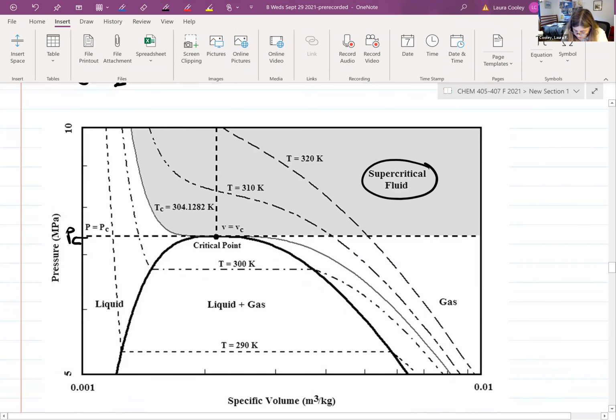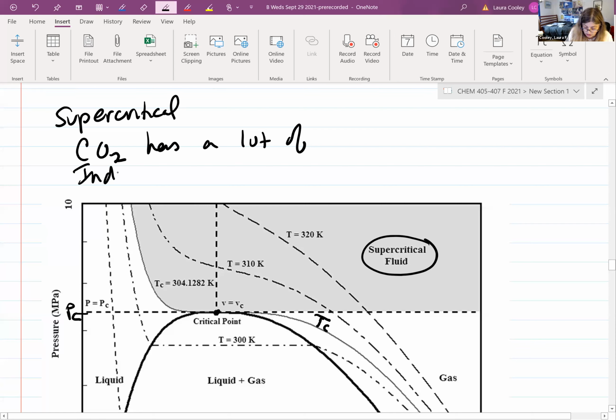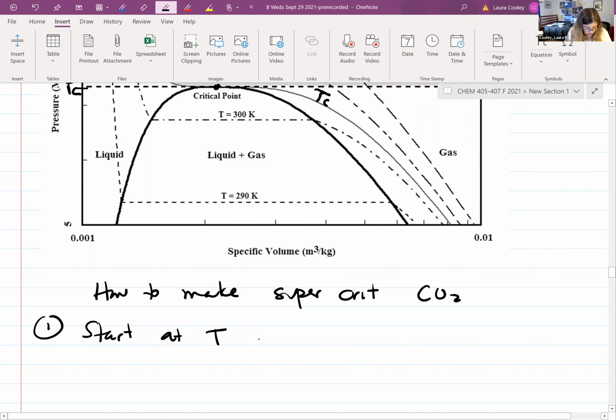All right. And you may ask, well, how would you make this? Supercritical CO2 has a lot of industrial uses. So what you would do is start at a temperature that's above the critical temperature.